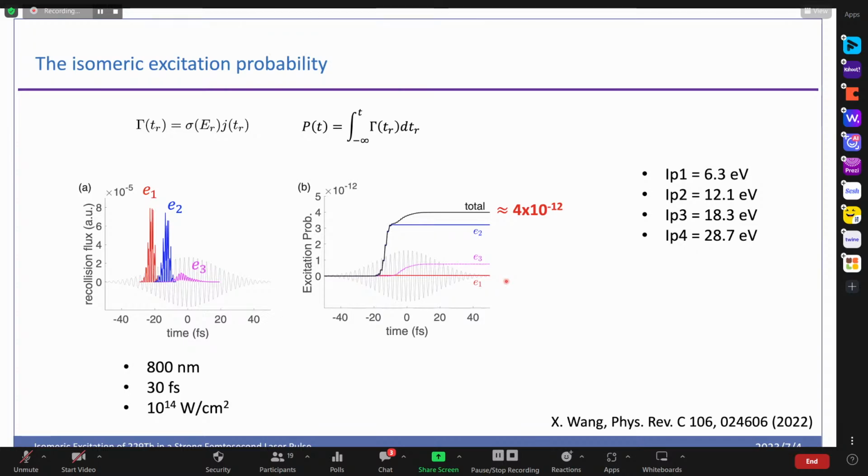With those wavelengths, bound-bound and free-bound transitions contribute more to the nuclear excitation than the free-free transition. So recollision becomes a less important process with those wavelengths. Okay, thank you.